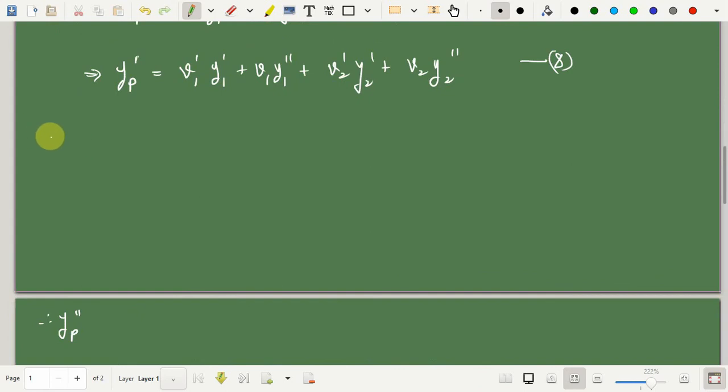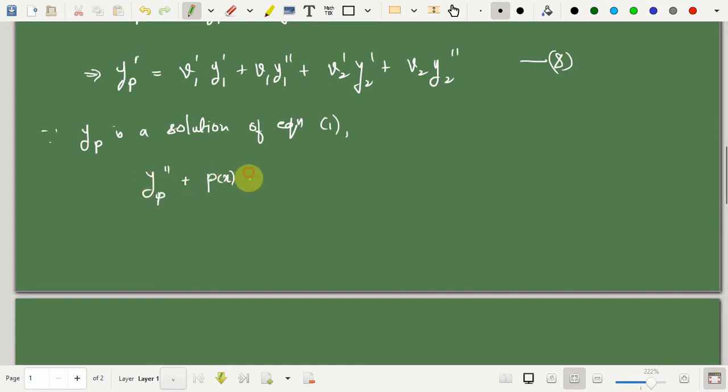So, since yp is a solution of equation 1, it satisfies the given equation, and so you replace y by yp, that is yp double prime plus p of x into yp prime plus q of x into yp will be equal to r of x.